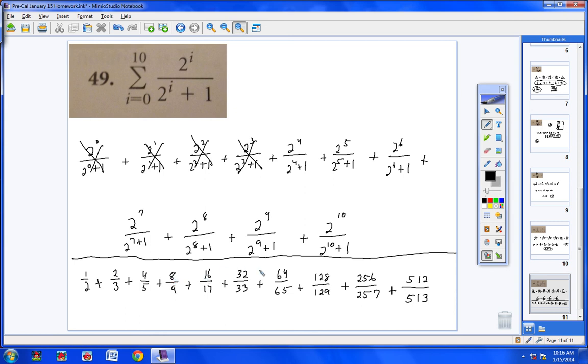I hope I've not messed this up. 2 to the 3rd, 2 to the 4th, 2 to the 5th, 2 to the 6th, 2 to the 7th, 2 to the 8th. Oh, this is 2 to the 9th. 1, 2, 3, 4, 5, 6, 7. We have one more fraction to go. I apologize. Okay, and the last one is 1024/1025.